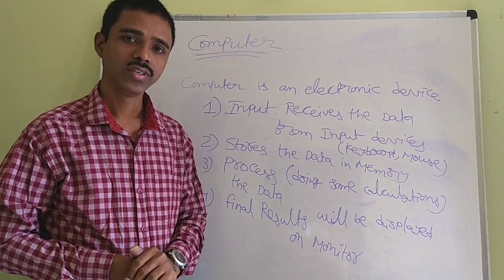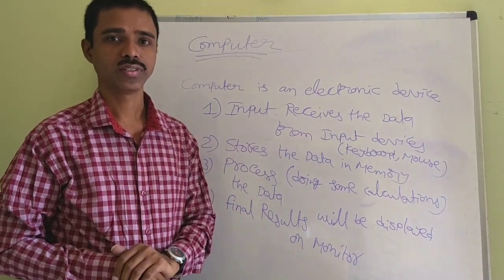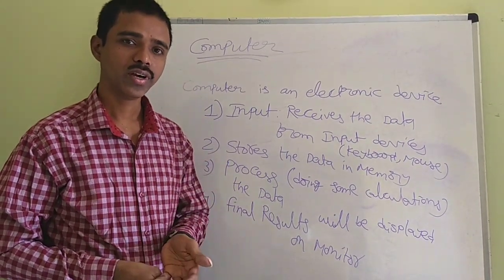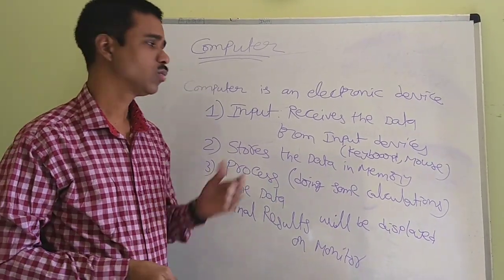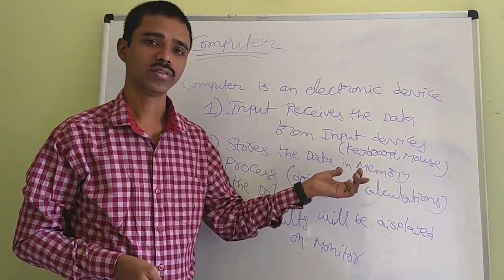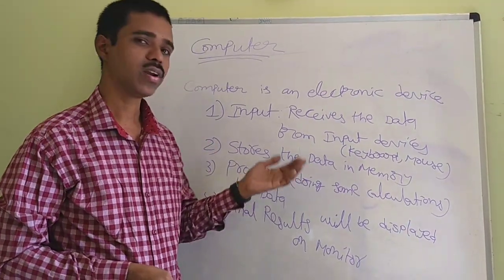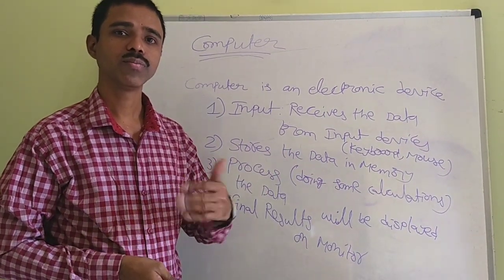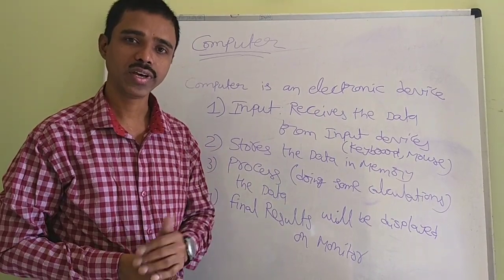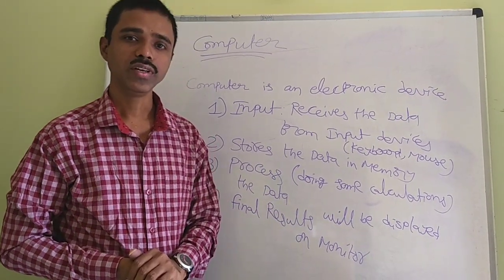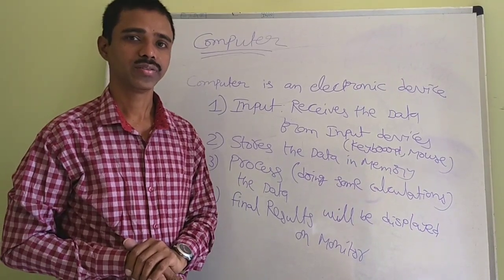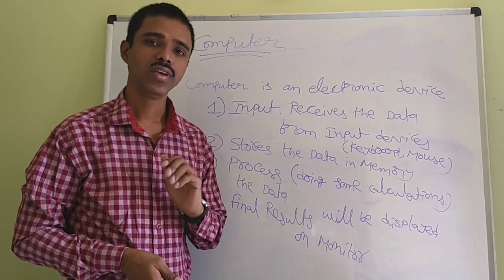Process means doing some calculations. If required, it will store our data temporarily or permanently in the computer memory. After processing, finally it displays the results on the output screen, let us say a monitor. This is the basic definition of the computer.